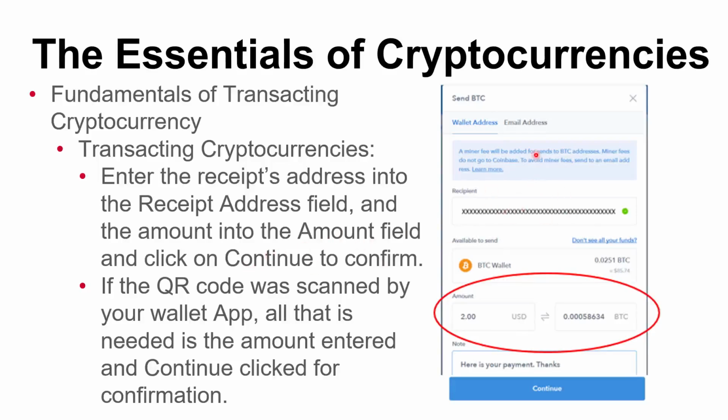So this could have been taken by a scan, and the amount is entered, and we click confirm. If the QR code was scanned by your wallet, that's all that's needed. You just simply need to enter the amount. Your keys are still very long, and they can be very frustrating to enter manually. So that's why QR codes are quite popular.